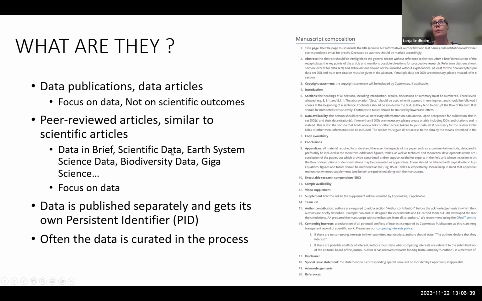But there are plenty of journals where you can publish a data paper within an article series, but then the data might not be curated in a similar way. I'll come back to how to choose and so on.